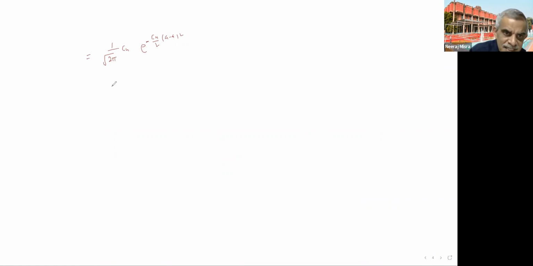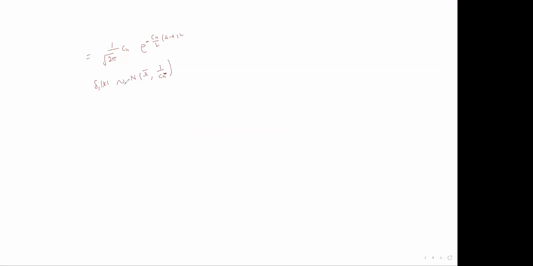So what is this? This is delta. So that estimator which improves upon this, what are you calling? So delta 1x is now normal with mean t, which is x bar, and variance 1 by Cn. Yeah, 1 by Cn. Is that okay? Okay, sir. So this is again a randomized estimator.